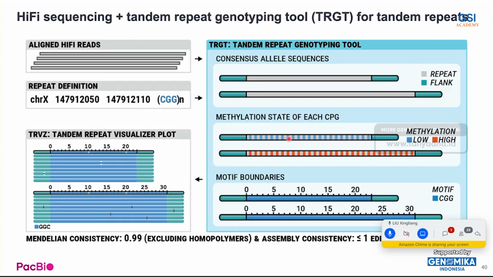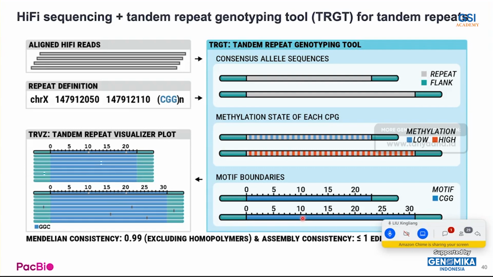If we are dealing with some disease models, some of the tandem repeats are unknown. For those, we use an HMM model for novel discovery of tandem repeats. Eventually all of the results are visualized using a combined visualization tool called TRVZ.